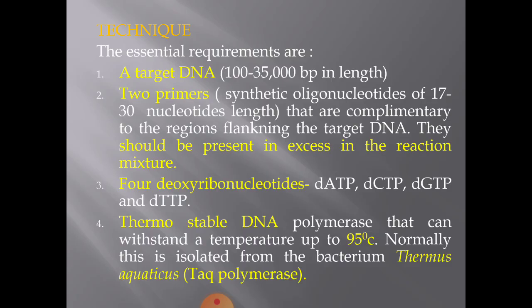Our regular DNA polymerase cannot be used here. What we need is thermostable DNA polymerase that can withstand a temperature up to 95 degrees Celsius. The enzyme should be able to withstand a temperature of 95 degrees Celsius.